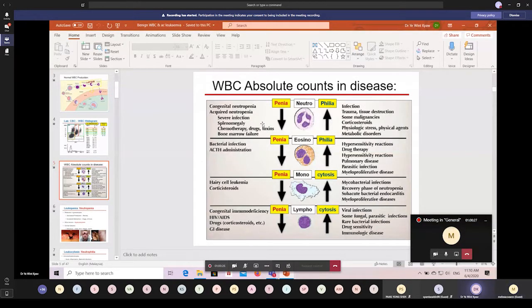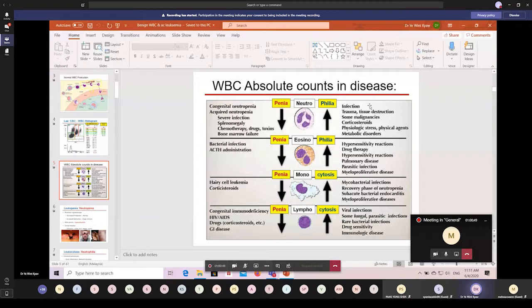There are some exceptions. Bacteria, but except typhoid, Salmonella, and another one, tuberculosis. With these two bacteria, neutrophil count will not increase. They usually increase lymphocyte count. Understand? Okay.